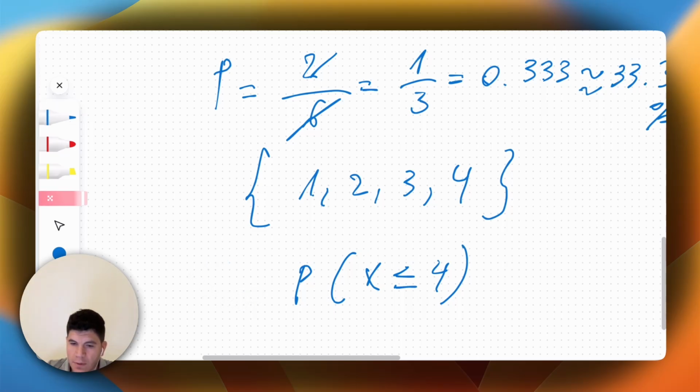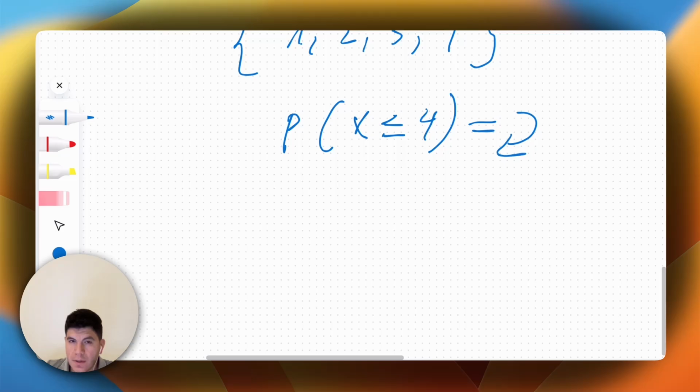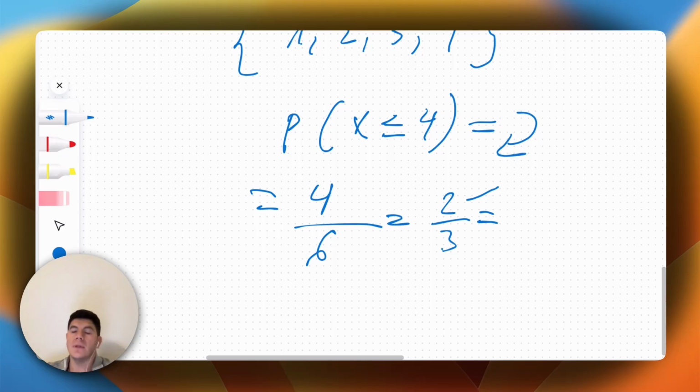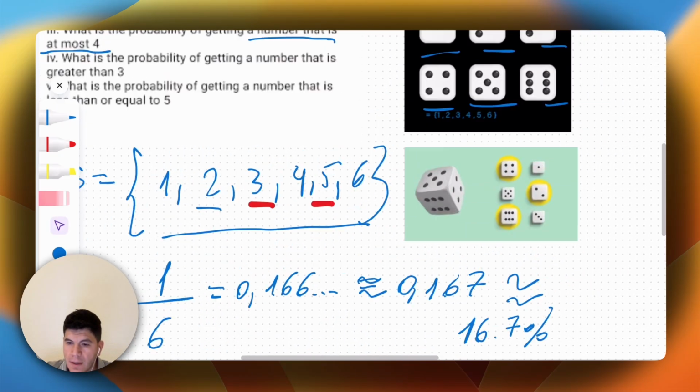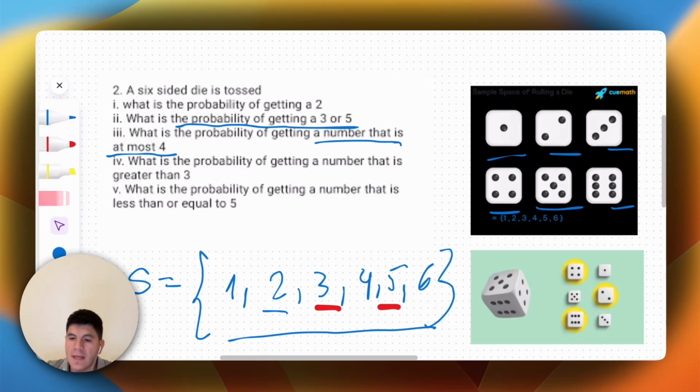So we have 4 favorable outcomes divided by 6, which gives us 2 divided by 3, which is approximately 0.667. So there's a 66.7% chance of this event occurring, meaning that we can get a number that's at most 4.